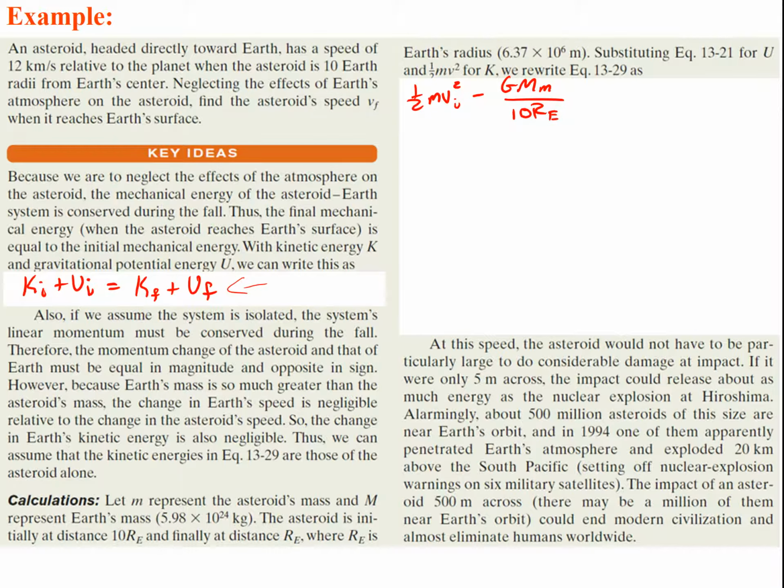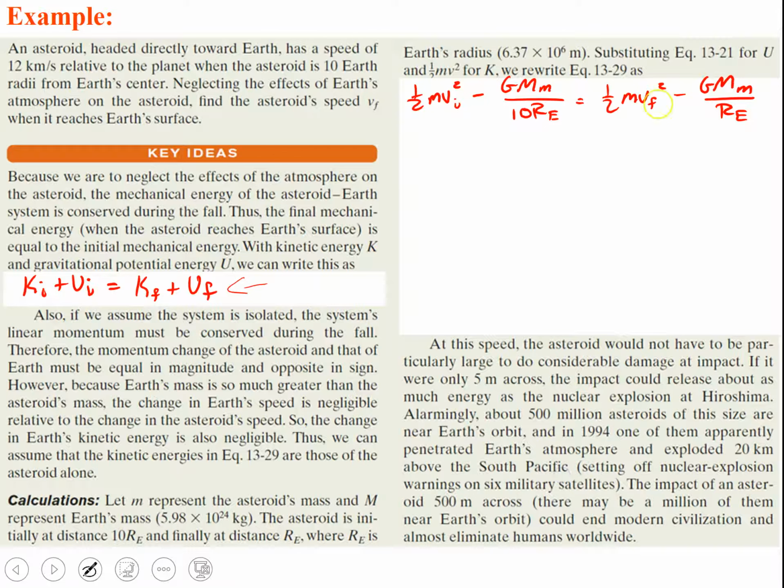This is when it's far away. And then finally, when it's crashing into the Earth's surface, it's going to have some final velocity. And it's also going to have some potential energy still, but it's only going to be at 1 times the Earth's radius, so it's going to be a little bit larger.